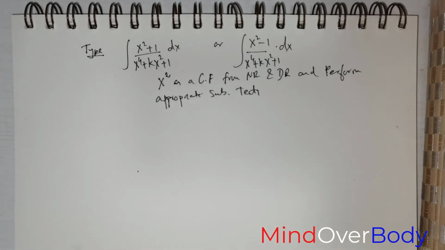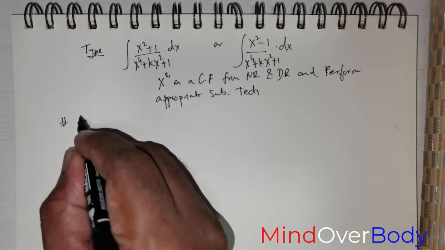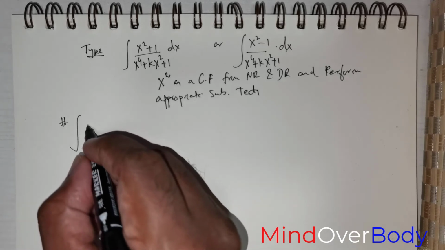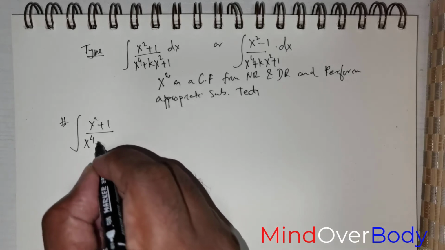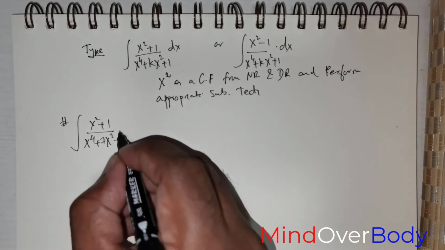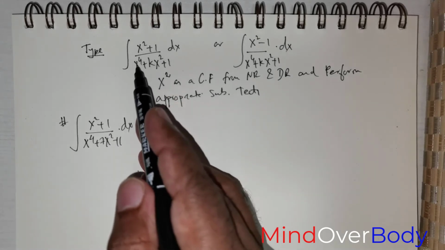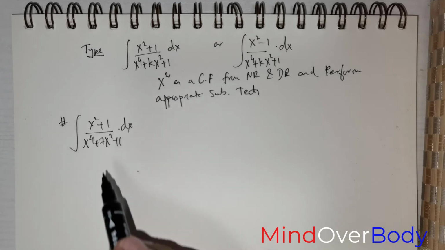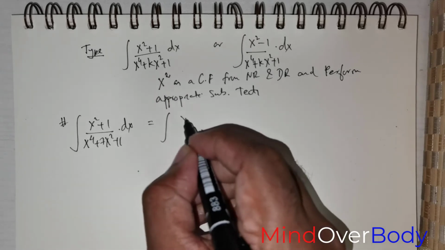Now the best way to understand this is through a question. So I'm going to be solving this question. We have been given (x² + 1)/(x⁴ + 7x² + 1) dx. This is of the form (x² + 1)/(x⁴ + kx² + 1). So what I wish to do is I would like to take x² out.